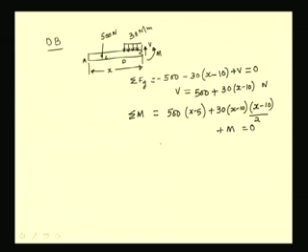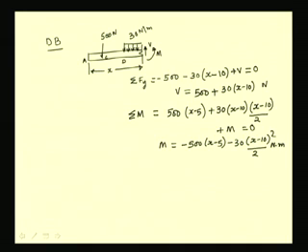So, from this we have M as minus 500 x minus 5 minus 30 into x minus 10 square by 2 Newton meter.